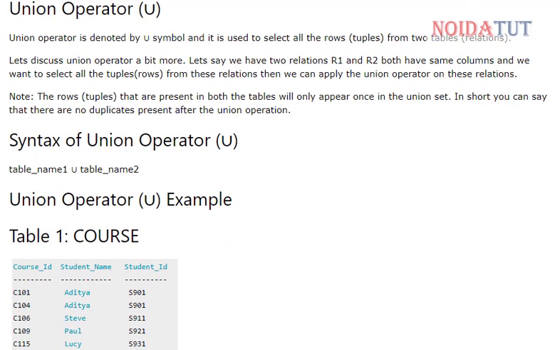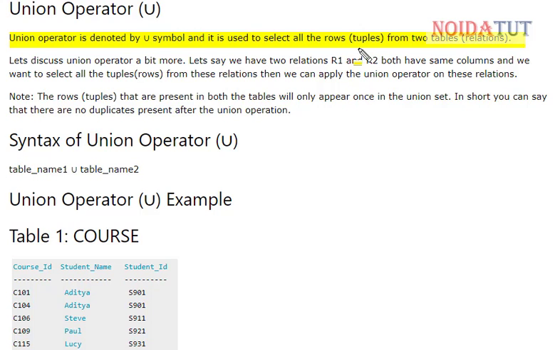Now let us have a look at the union operator. Union operator is denoted by the U symbol and it is used to select all the rows or tuples from two tables. Now let us discuss the union operator a bit more.